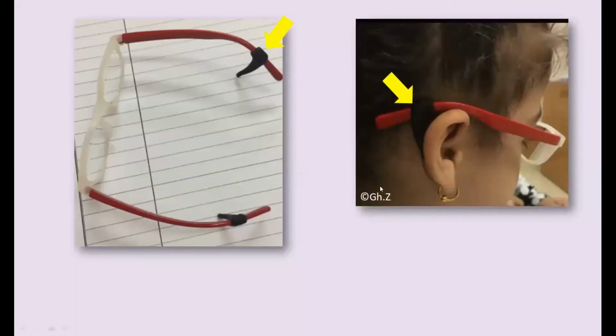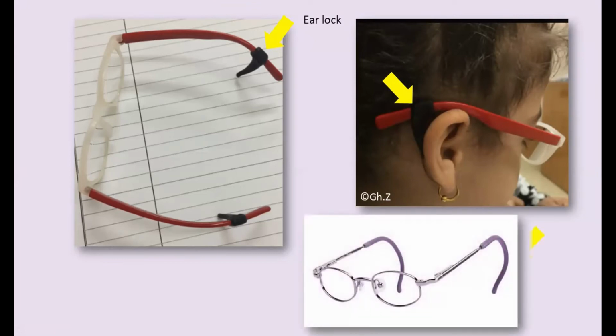And here there is something called an ear lock to keep it fixed and avoid slipping again, because kids have a depressed nasal bridge, so it should be properly aligned in front of their pupils.